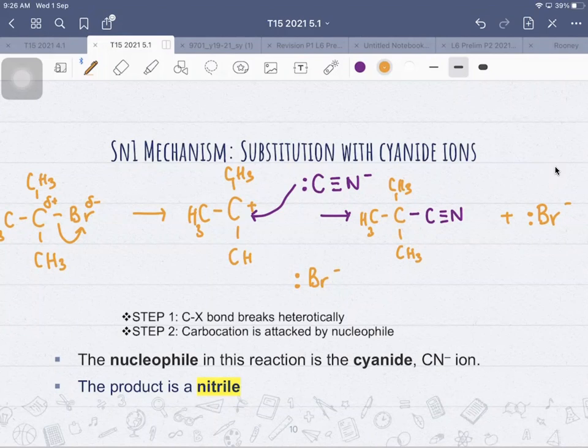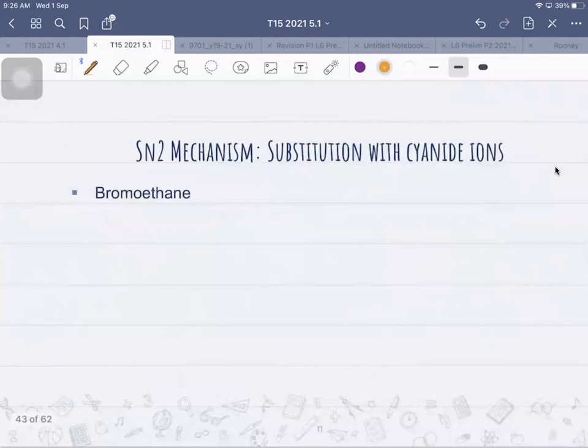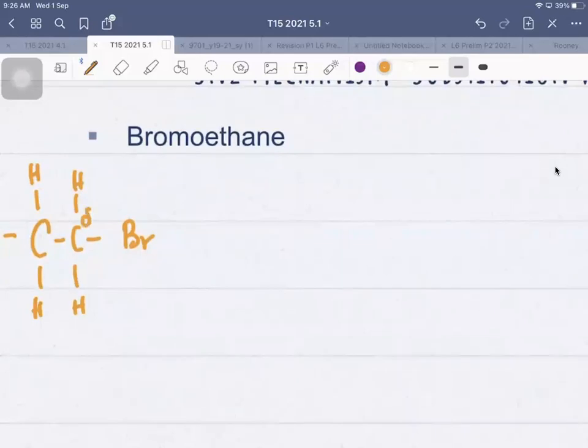Yes, miss. Thank you. The next one is SN2 mechanism. SN2 mechanisms are usually for your primary halogenoalkanes. Okay, so bromoethane. If the question doesn't specify, you just use the simplest halogenoalkanes. Usually they will specify what they want you to draw.